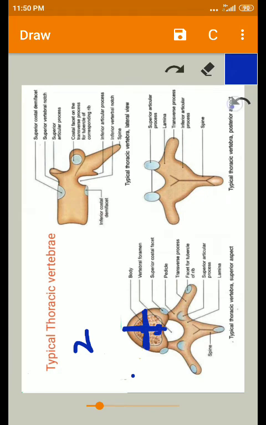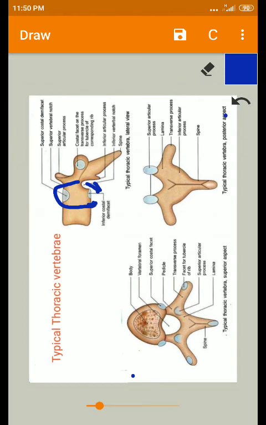And on each side, on the lateral aspect, the body possesses a pair of facets, superior and inferior facets. These facets are called demi-facets. These facets are also called costal facets.